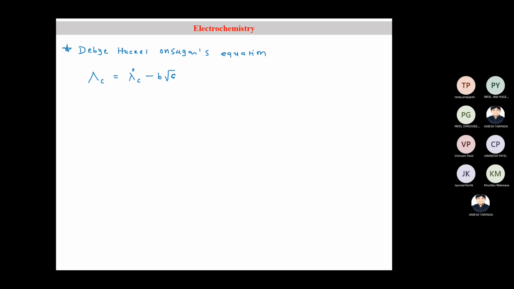So this is the basic equation. Here B is a constant. This is the Debye-Huckel equation. B is a constant and C is the concentration.